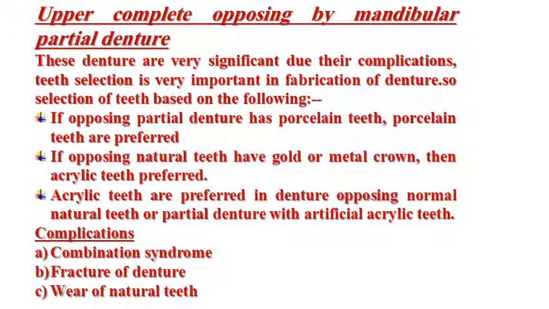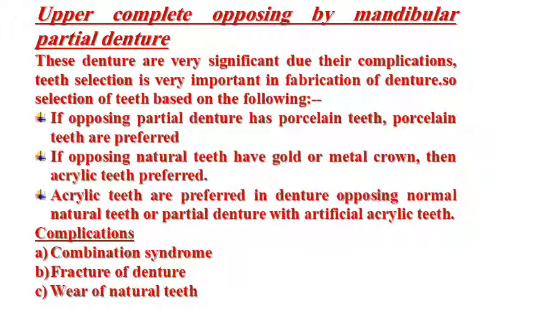Upper complete denture opposed by mandibular partial denture. This is a very significant case, and we need to concentrate on it. Why? Because there is a complication in teeth selection, which is very important in fabrication of the denture.